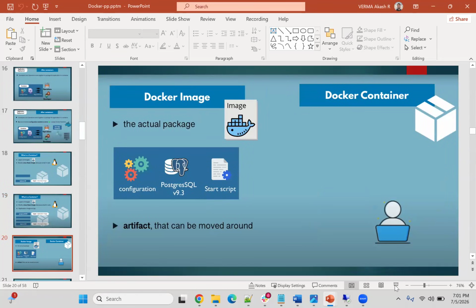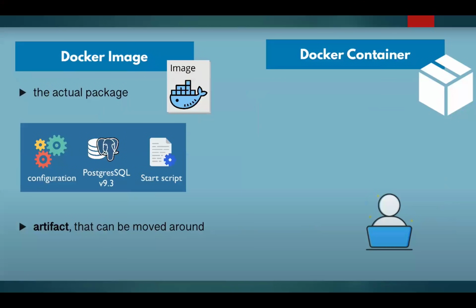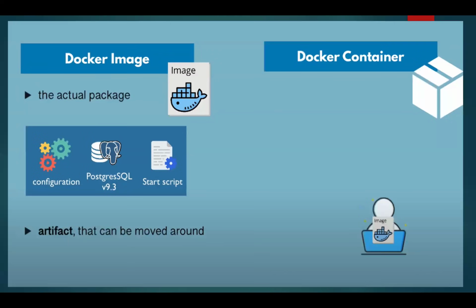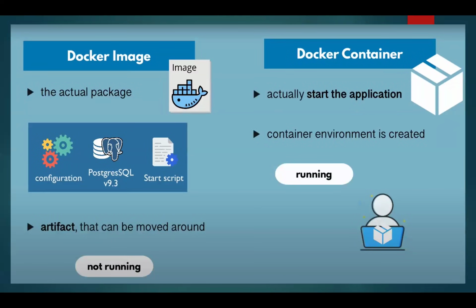So there is a difference between Docker image and Docker container. A Docker image is the actual package which holds the information about how to install the application. A Docker image is not in the running state, it is always in the stopped state, because your application is inside the Docker image.